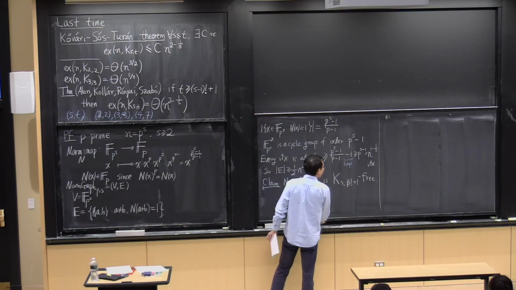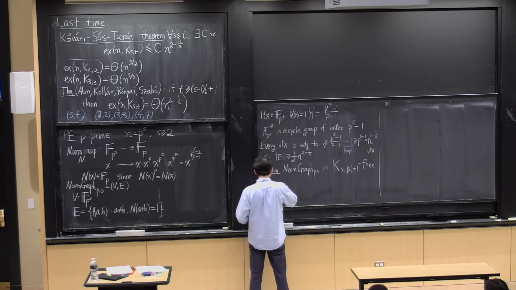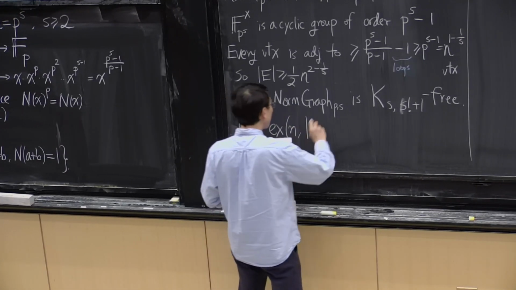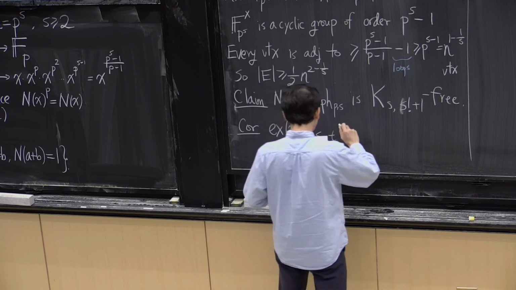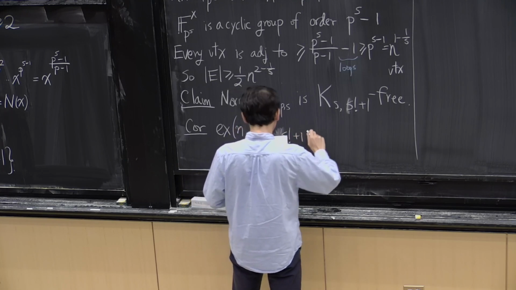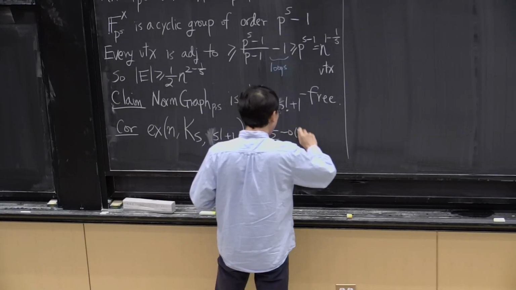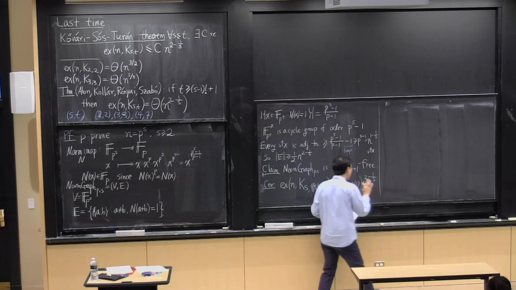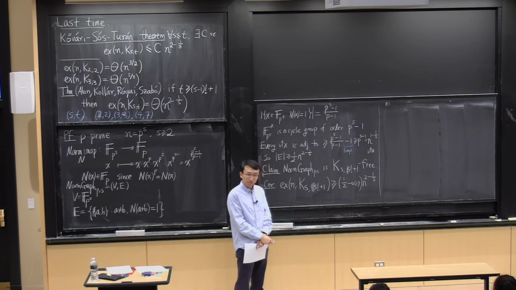Here we'll show s factorial plus 1. And as a result, it would follow that the extremal number for K_{s,s!+1} is at least, with a constant that I don't really worry about much, on the order of n to the 2 minus 1 over s.